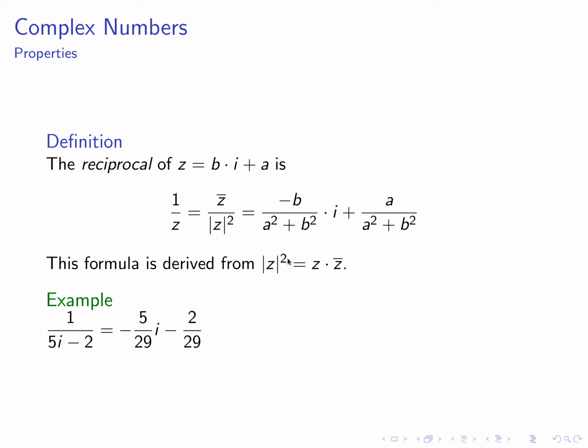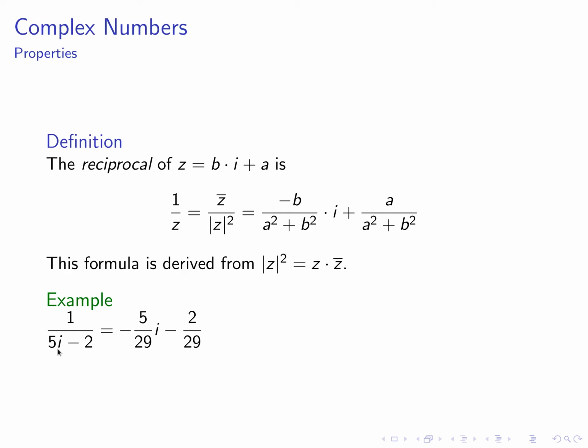So for example, what is the reciprocal of the complex number 5i minus 2? Well, according to our formula, we should form a new complex number where the imaginary part is the fraction where the numerator is the negation of the original imaginary part, and the denominator is the sum of the squares of the real and imaginary parts.